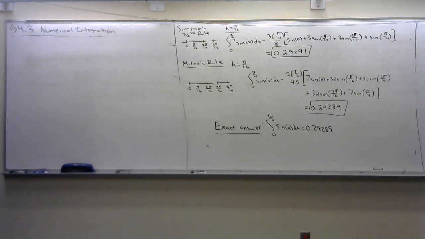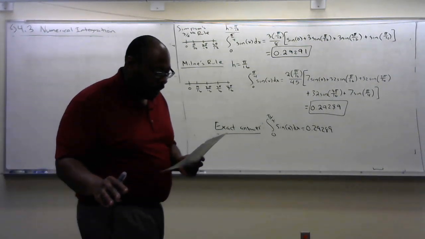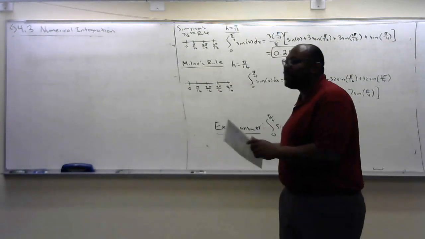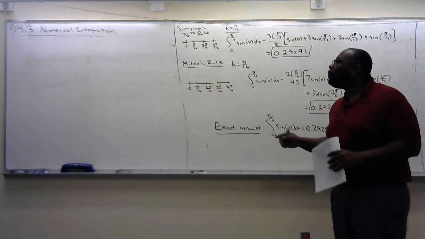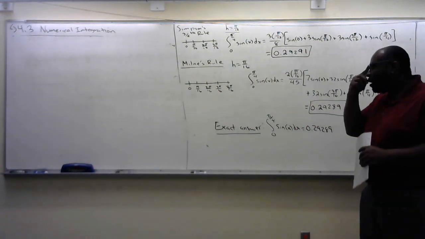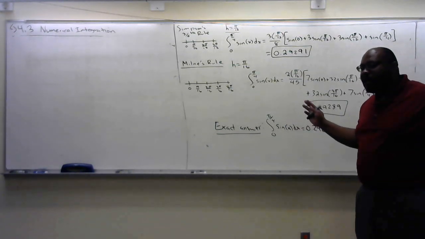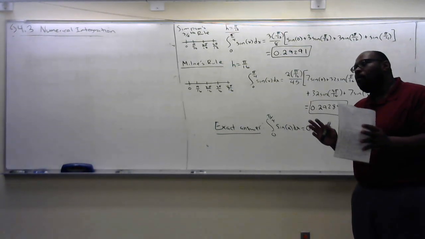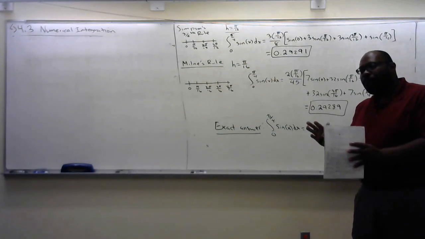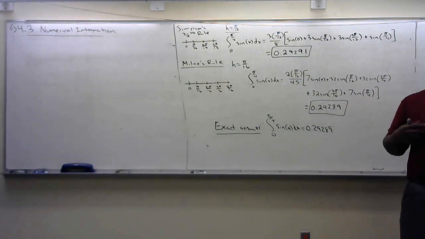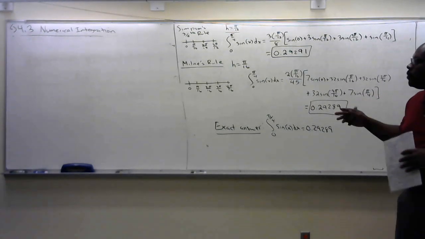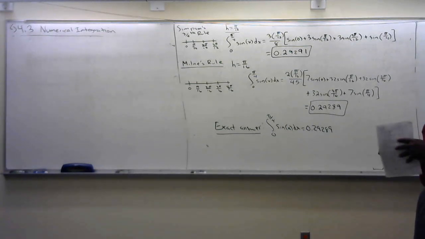Actually, let's talk about those errors for the composite version of that, right? So I'm getting ahead of myself. Let's talk about the composite, what I was talking about before, by essentially breaking our interval up into smaller sub-intervals and approximating those definite integrals using these mini approximations.